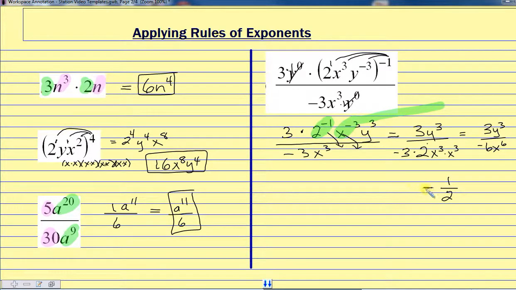I put the negative out front. And I would have y to the third on top and x to the sixth on the bottom. And I suppose technically we could even leave this 1 invisible, so we'd have negative y to the third over 2x to the sixth. So that's kind of a little overview of all the rules at one time.